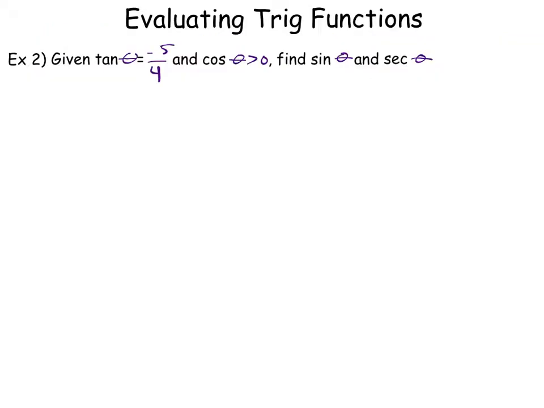All right, so my goal here is similar to the first example that we worked through. And I want to immediately make it clear that what I'm after is a diagram. But now this one's a little bit trickier because this doesn't tell me the point that forms my angle. It just tells me its tangent value.